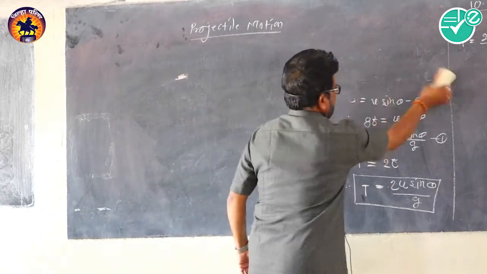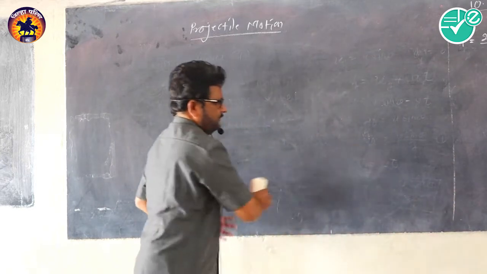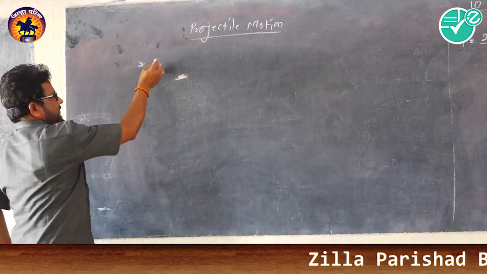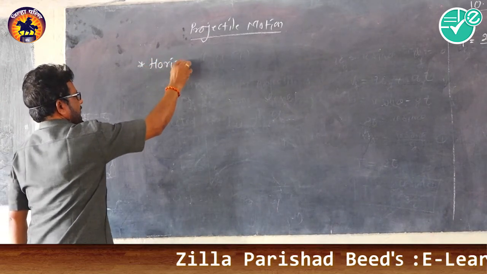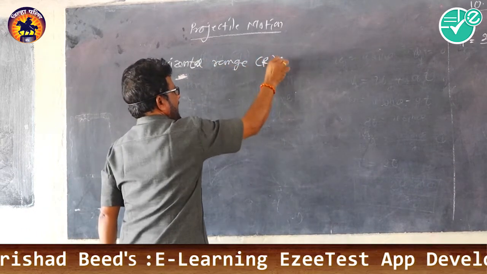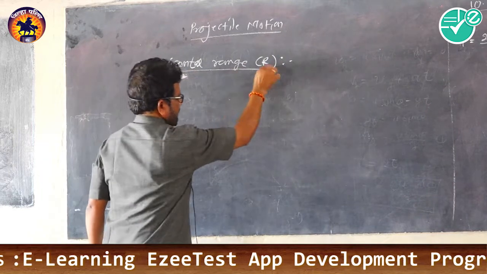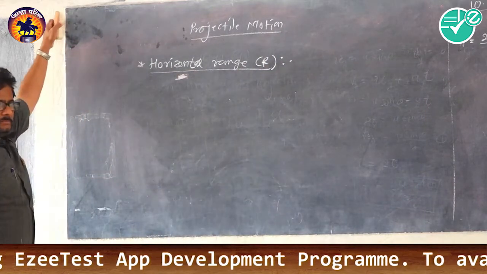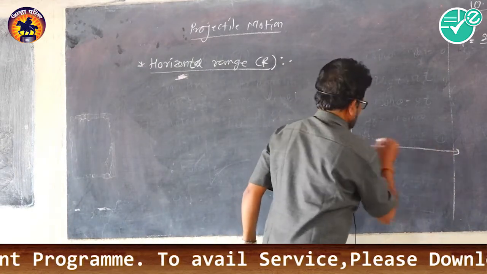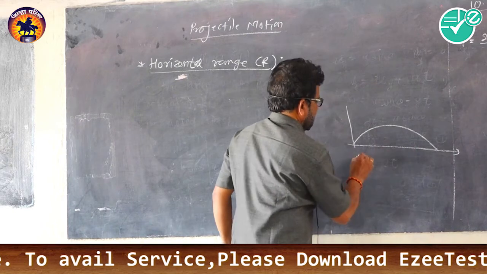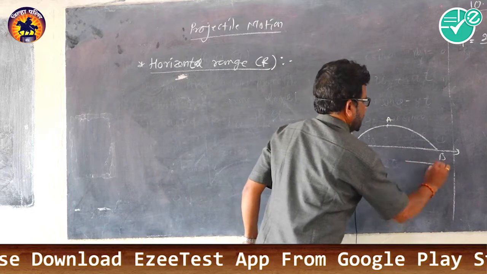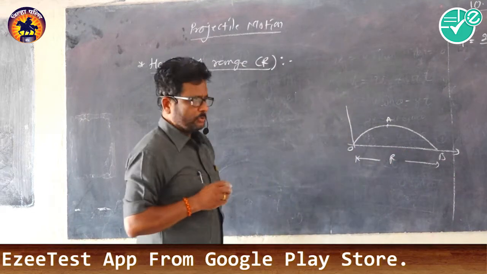For this projectile motion, the next term we have to determine is the horizontal range, represented by R. To find the horizontal range, this distance from the initial to the final position is called the range of the projectile.